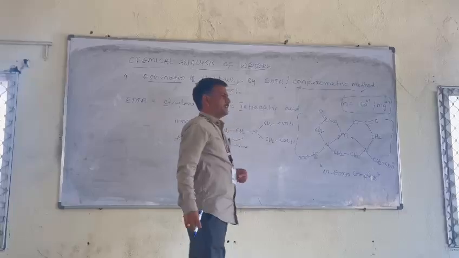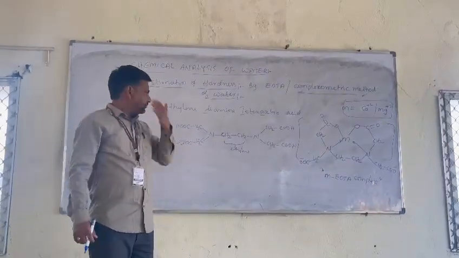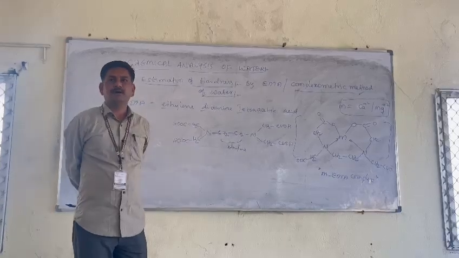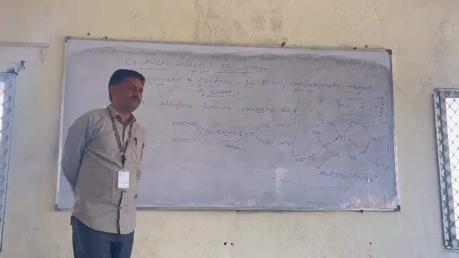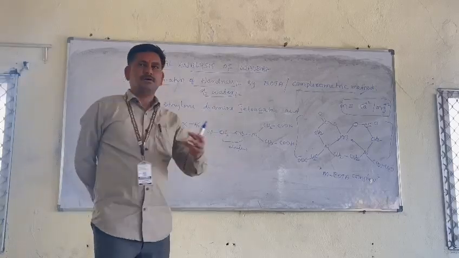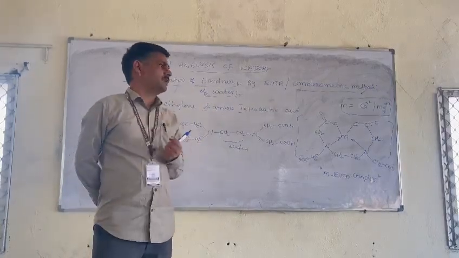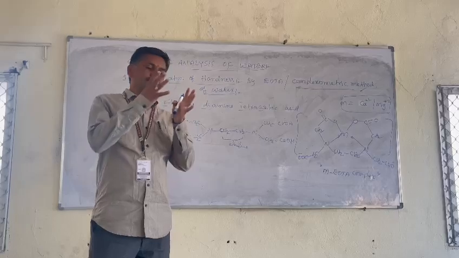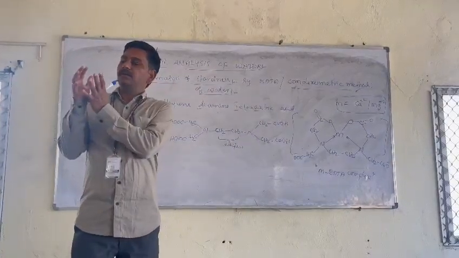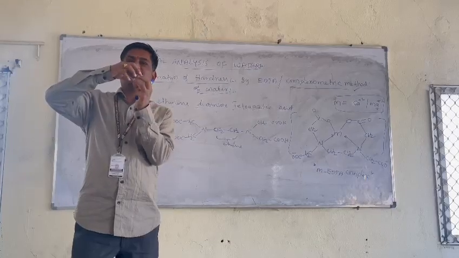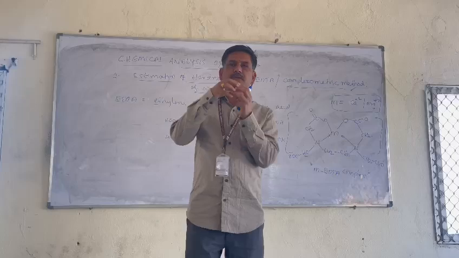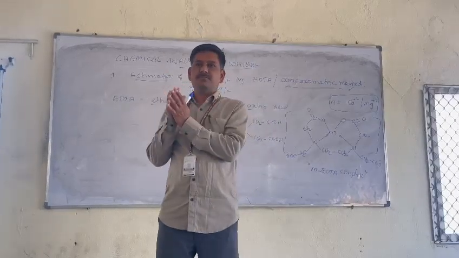So how does the reaction take place? There are a few steps involved in this analysis method: preparation of the EDTA solution and preparation of the buffer solution, using chemical reagents. First, when the metal reacts with the EBT indicator, the metal EBT complex is formed, and this complex is somewhat less stable.